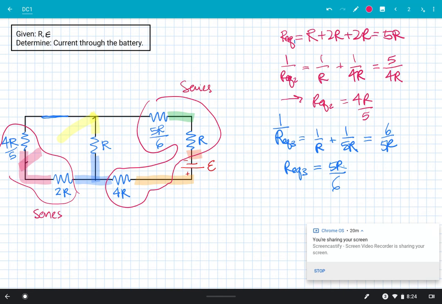So you might be wondering, doesn't the battery mess that up? But remember what series means. Series means same current. So the battery is another component there, sure, but the battery doesn't do anything to the current. The current doesn't increase or decrease. The battery doesn't leak out or anything like that.